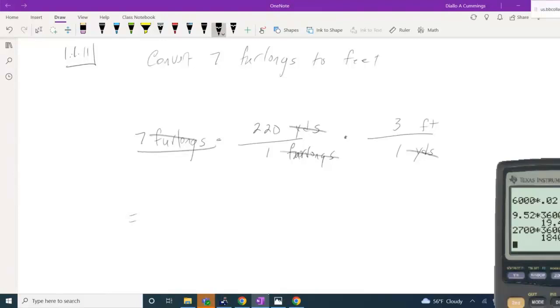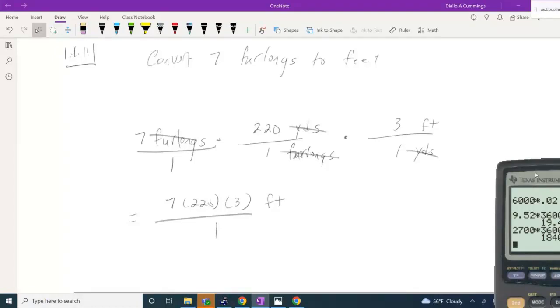So now I'm just going to multiply my numerators, multiply my denominators, and this should give us our conversion. So notice 7 furlongs, that's already over 1, right? You can put anything over 1. So 7 is in our numerator, so we have 7 times 220 times 3, and then we have feet. And in the denominator, I just simply have 1, right?